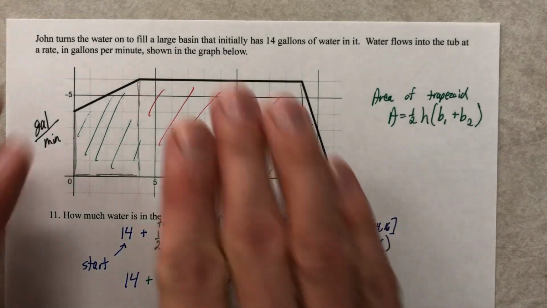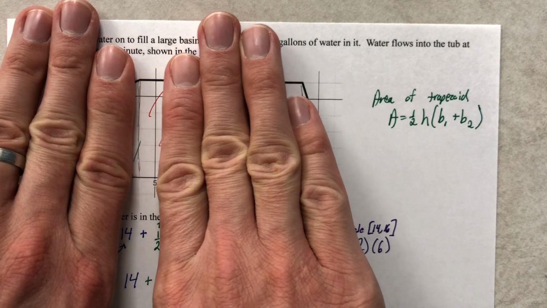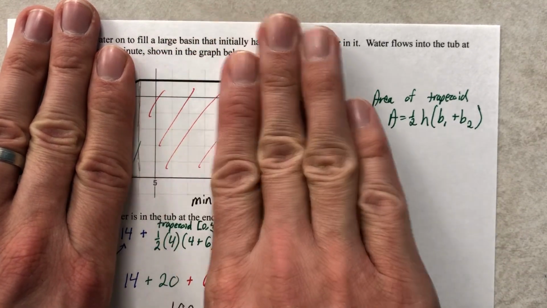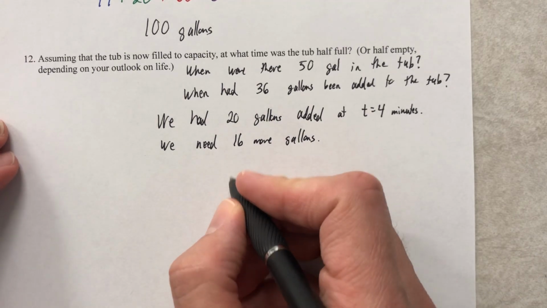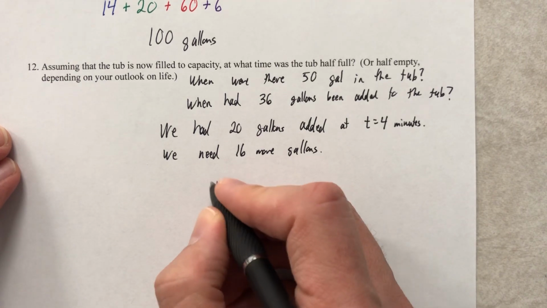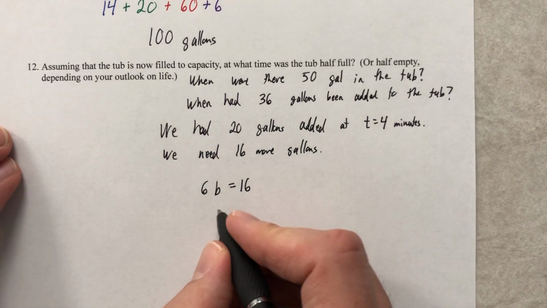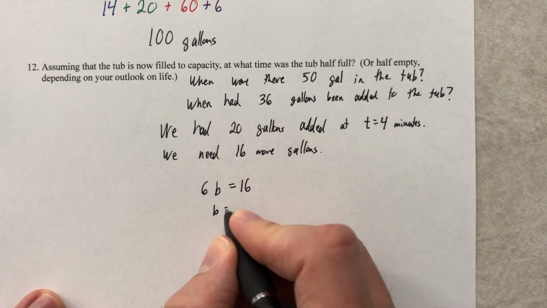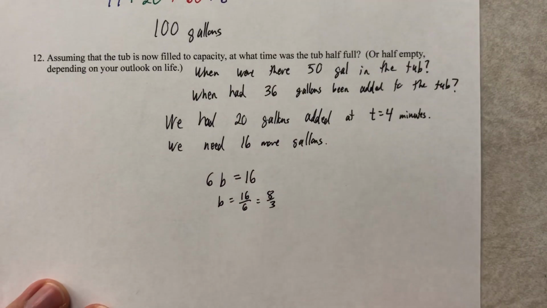So I need to start here and get an area of 16 with a height of 6. So this width, I'm going to call it B for base, times 6 will give me 16. So B equals 16 over 6, which is 8/3.